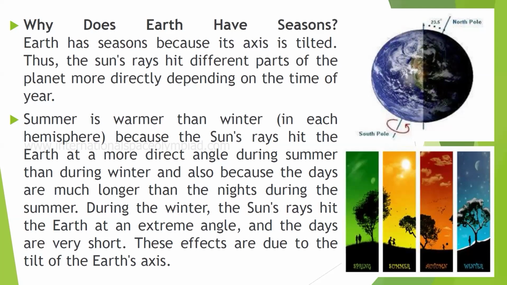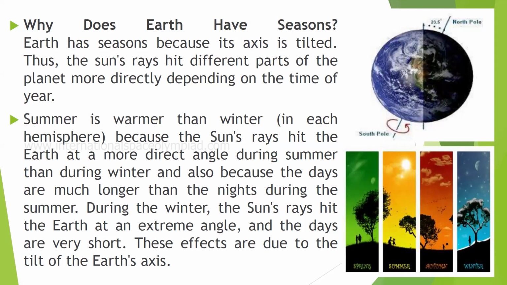Earth has seasons because its axis is tilted. Thus, the Sun's rays hit different parts of the planet more directly depending on the time of the year. Actually, the summer is warmer. We know that, right? The temperature is higher during summer, atmospheric temperature I'm talking about.